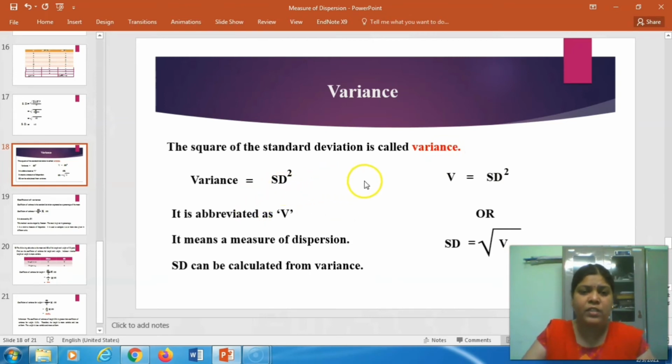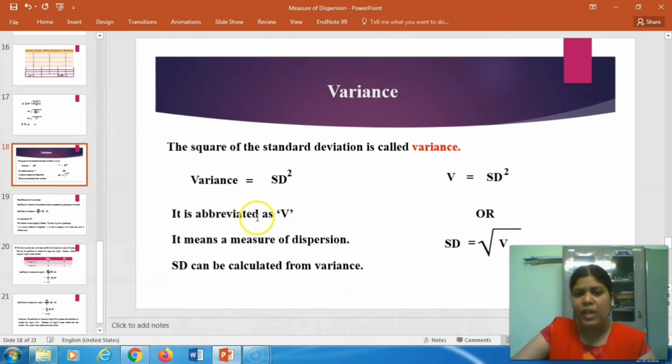Look at how simple it is. Variance is equal to SD square. To know the variance we just have to square the standard deviation, and it is abbreviated as V, capital V. It is a measure of dispersion. Standard deviation can be calculated from variance.